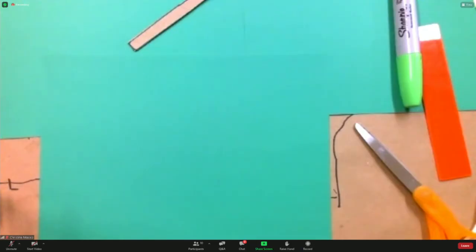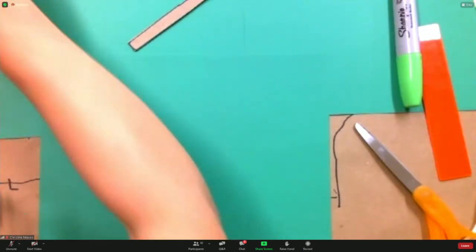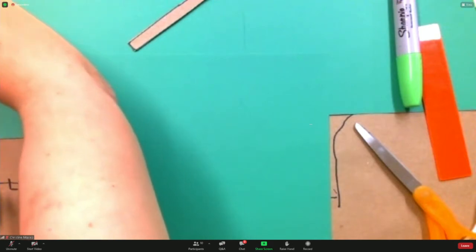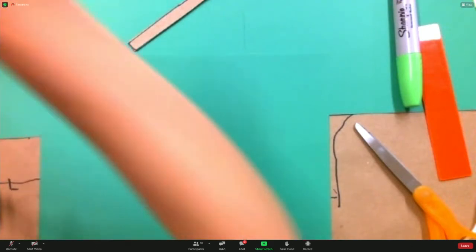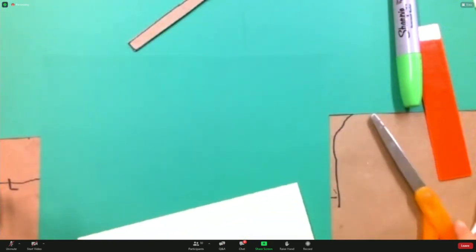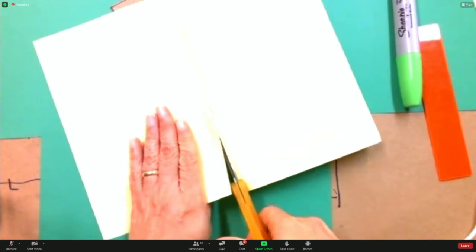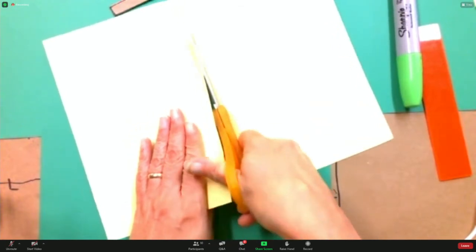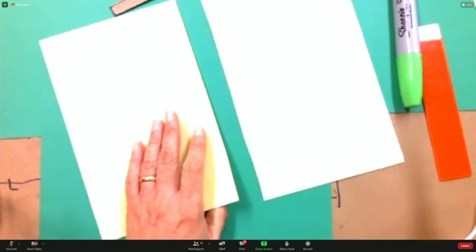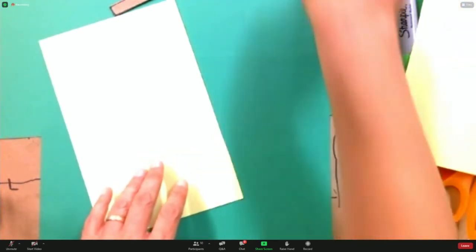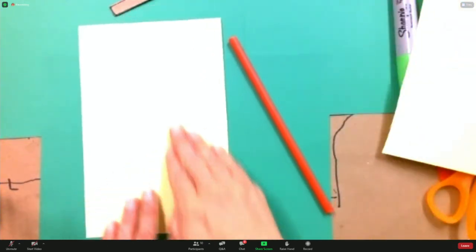All right. So what you need now is another half sheet of paper and that same straw. Well, it could be a different straw. We're going to cut that half sheet.